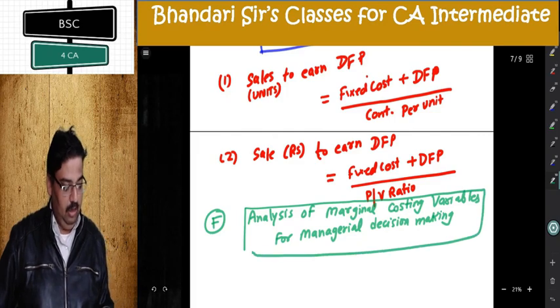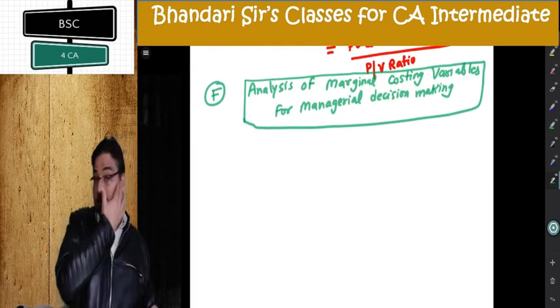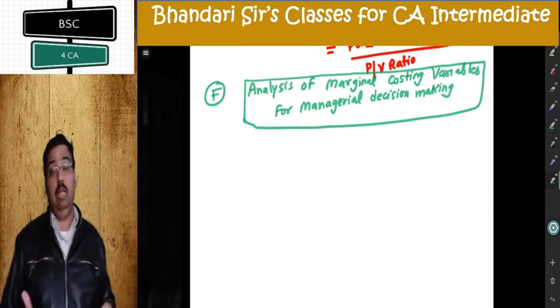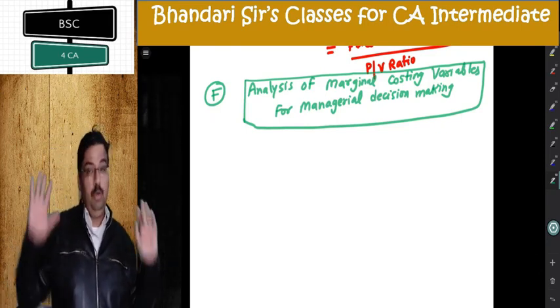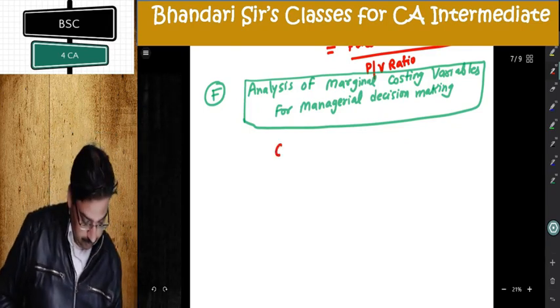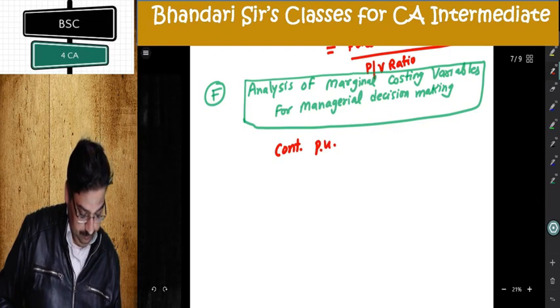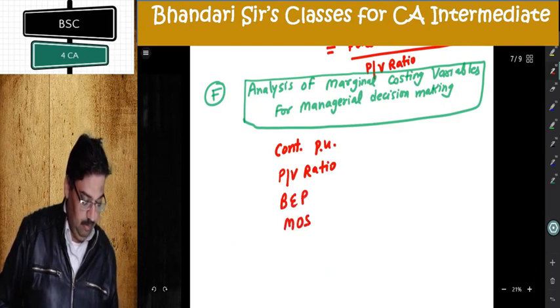Some analysis for each variable. You have studied many variables: contribution, PV ratio, break-even point, margin of safety. Now, which one should be high, which one should be low? You should be knowing it. So, simple recommendations: contribution per unit, PV ratio, break-even point, margin of safety.